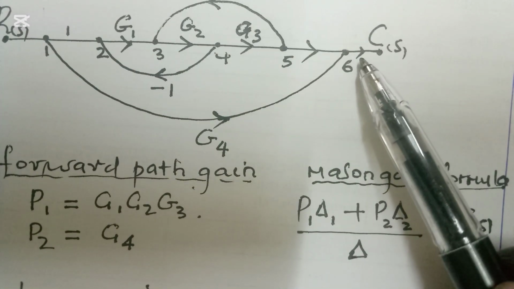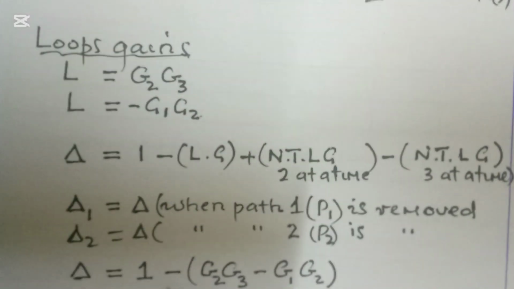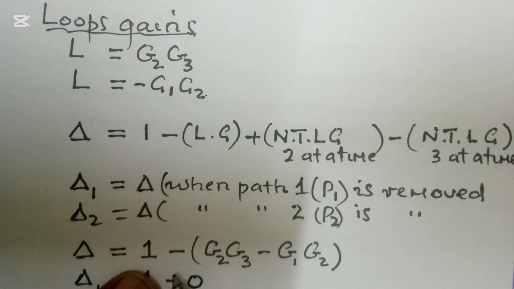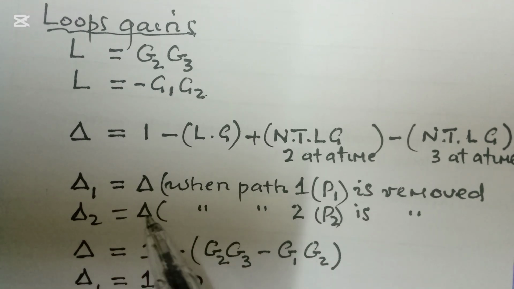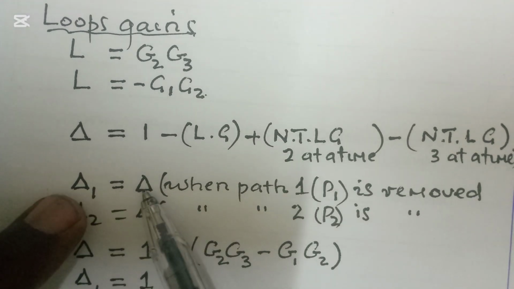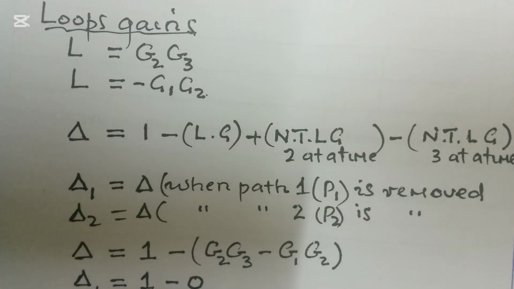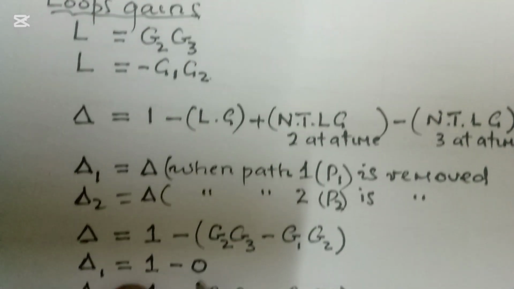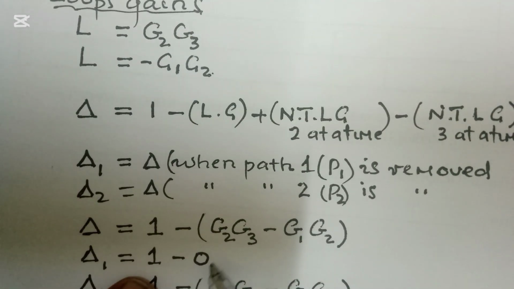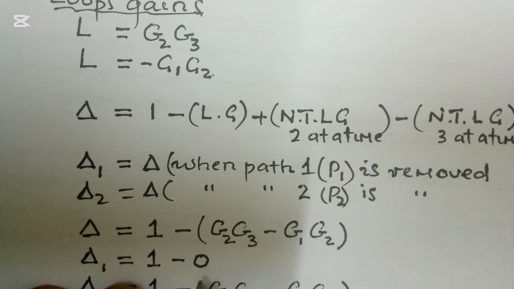And so therefore, for delta 1 it is going to be 1 minus 0, because we don't have any loops after we remove the path 1.